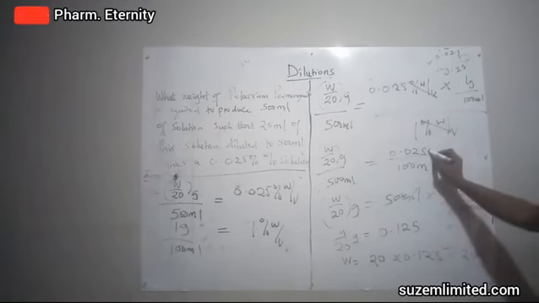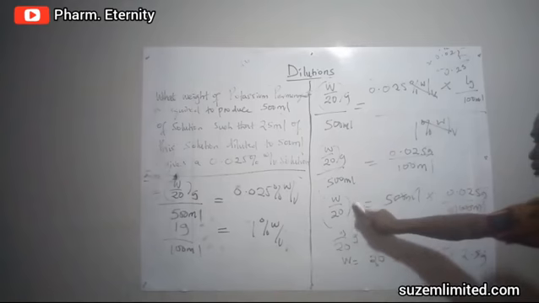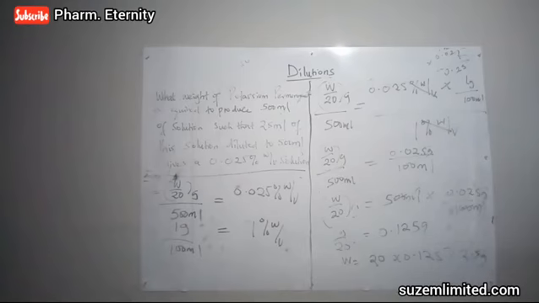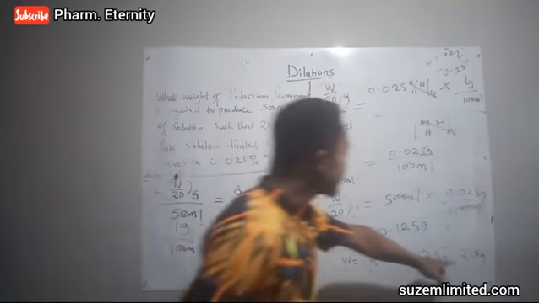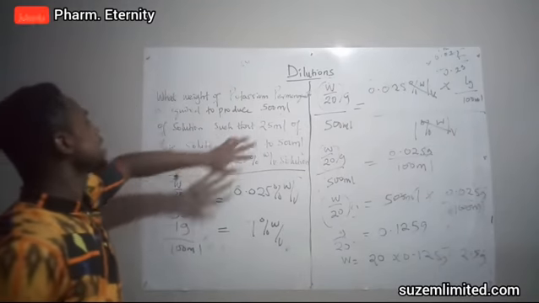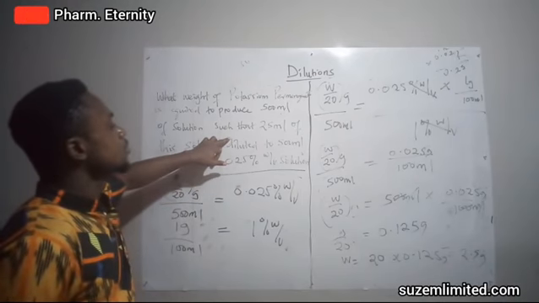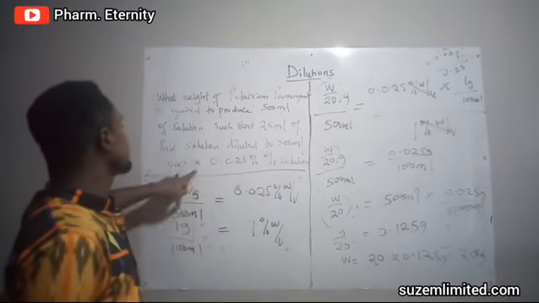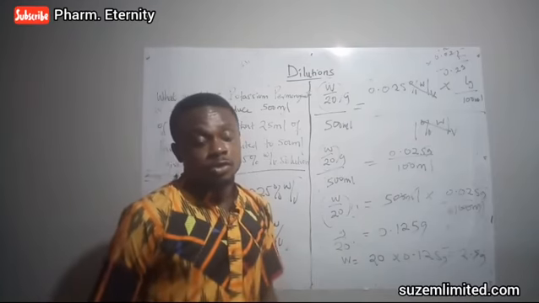Remember that this place still contains gram. So W is now 20 times 0.125 gram, which will give you 2.5 gram. So what it implies is that 2.5 gram of potassium permanganate is needed to produce 500 ml of the solution. And if 25 ml of the solution is taken and diluted to 500 ml, it will give us 0.025% weight per volume solution.